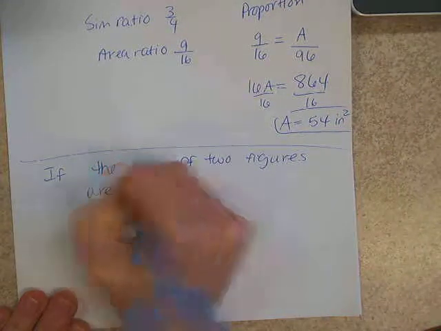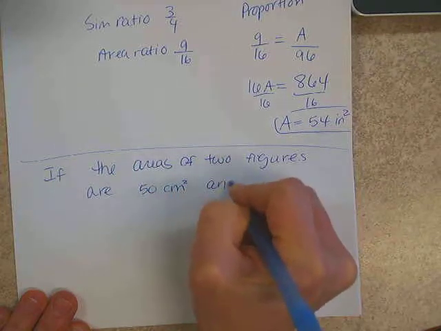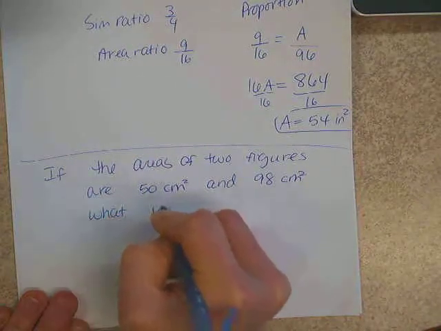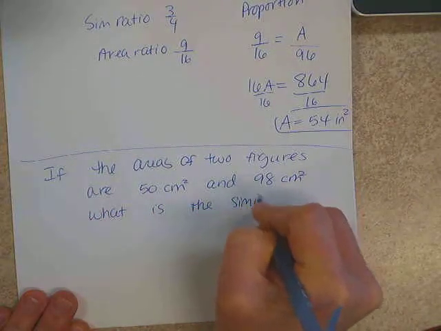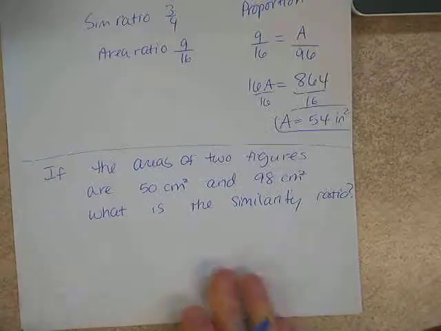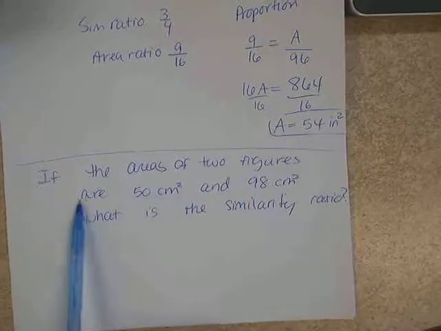Okay, one last problem. If they give you two areas, you should be able to go back and find the similarity ratio. Okay. So if the areas are 50 centimeters squared and 98 centimeters squared, what is the similarity ratio?